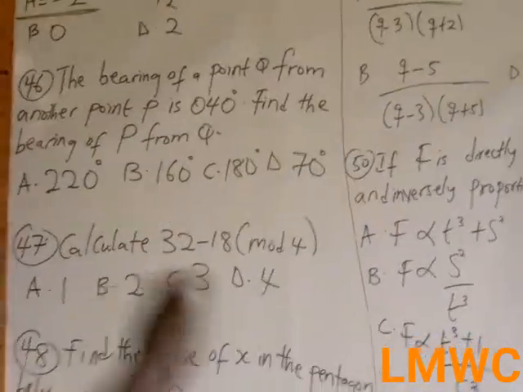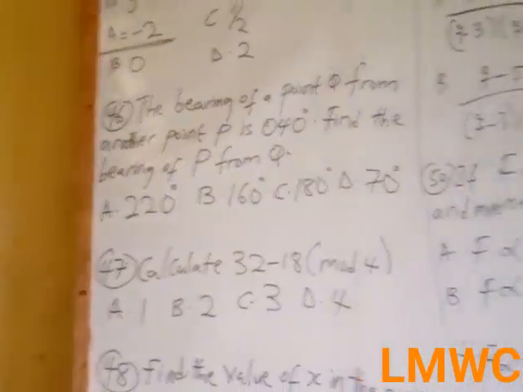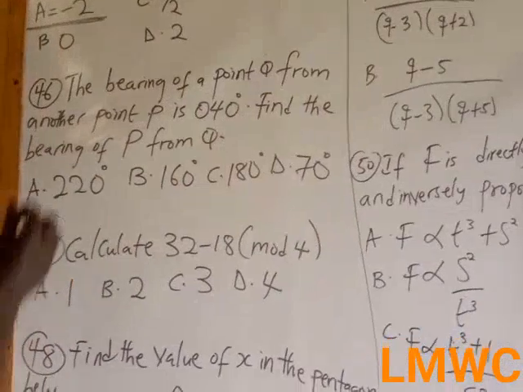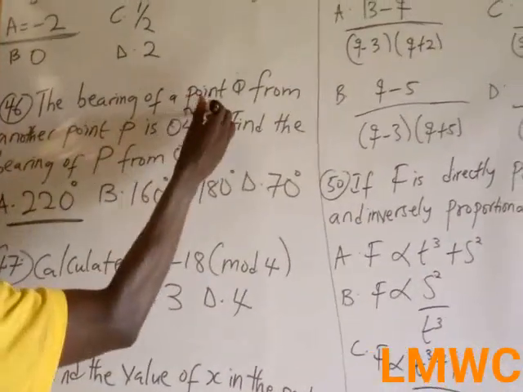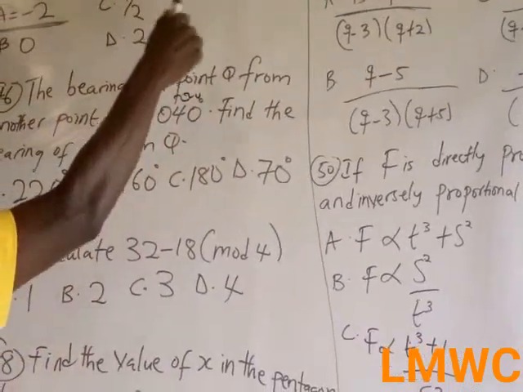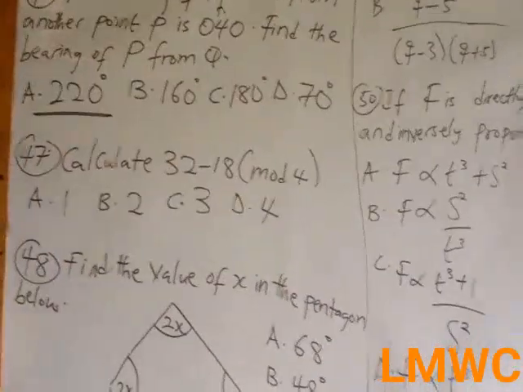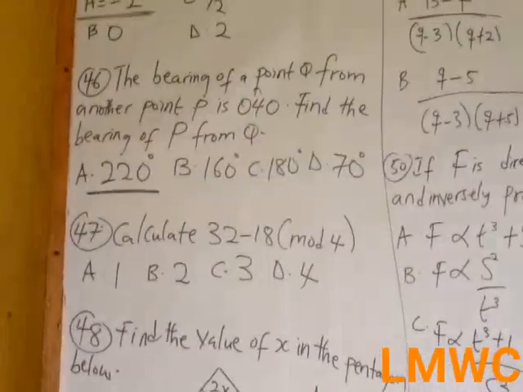If they give you 20 degrees, 100 degrees, 150 degrees, you add 180 degrees to it. This means you add 180 degrees to 40 degrees, and we get 220 degrees. But if they gave you 220 here, you subtract 180 from it, you get 40 degrees. Take note. It's not difficult. Certain objective questions take seconds if you know what you are doing.